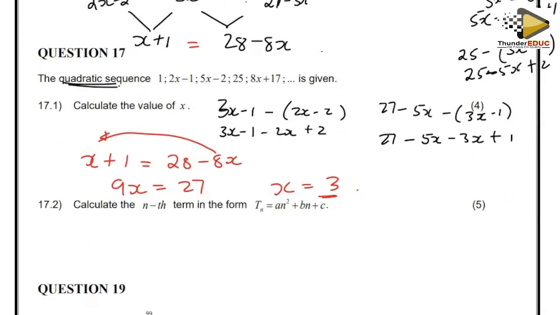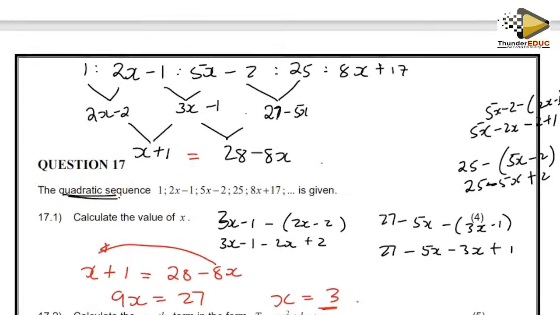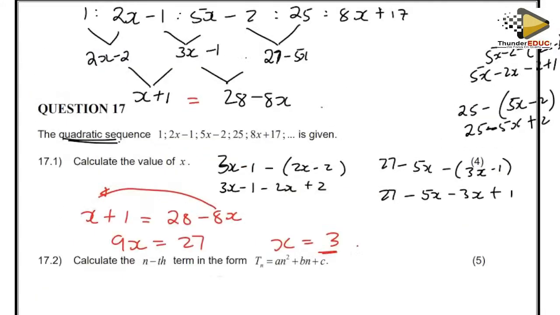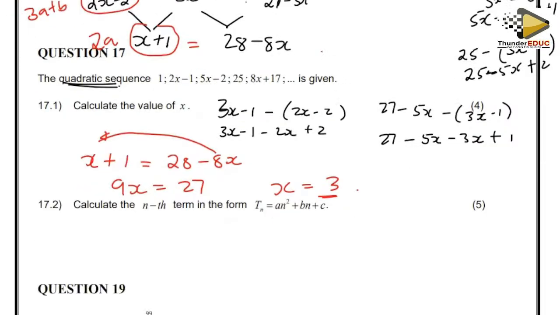So if x is a 3, I can just quickly go, because I know that all of this is going to represent my 2a. All of this is going to represent my 3a plus b, and then that one will represent a plus b plus c. So I'll say that my 2a is given as x plus 1, that is 3 plus 1, which is a 4, which means a is a 2.